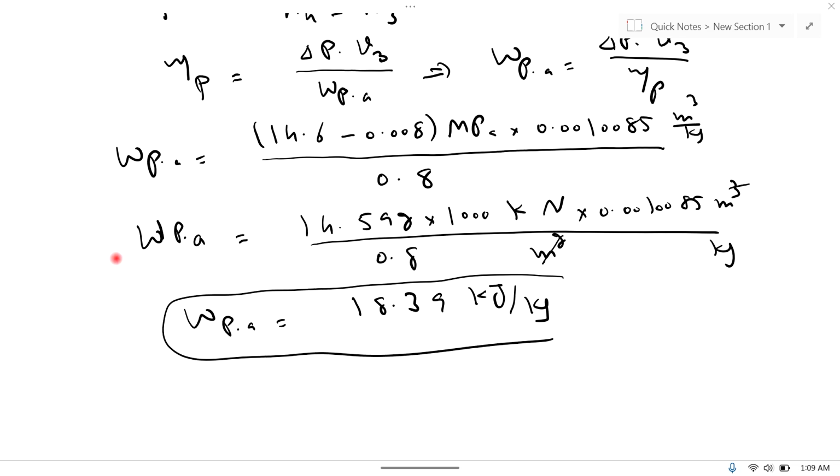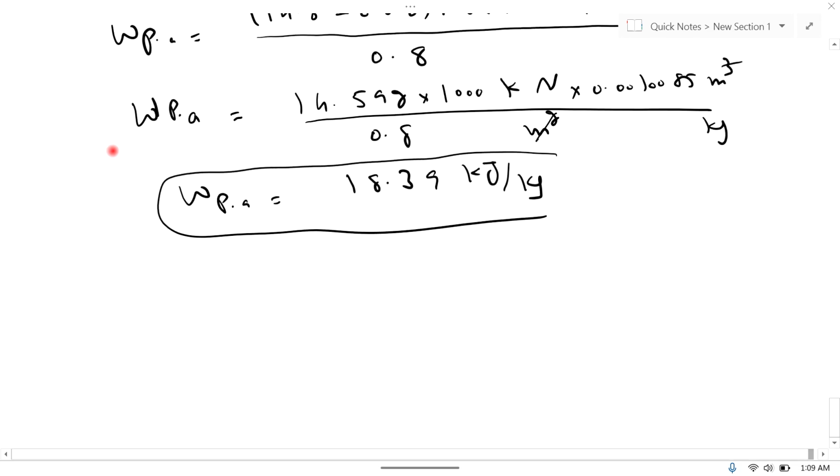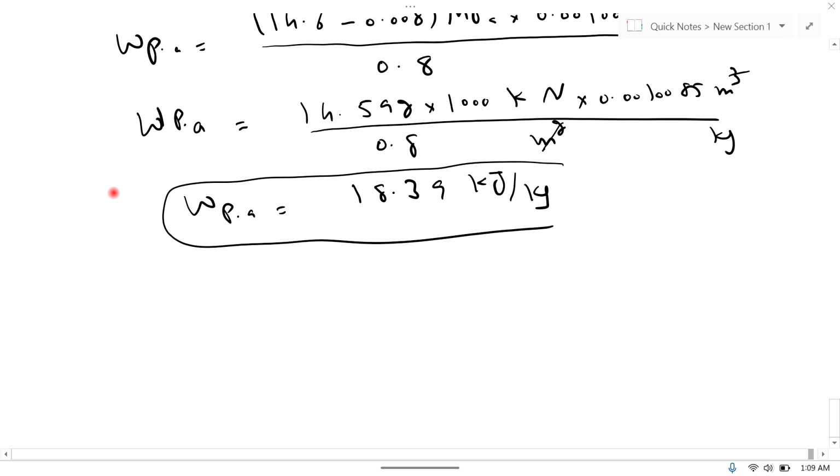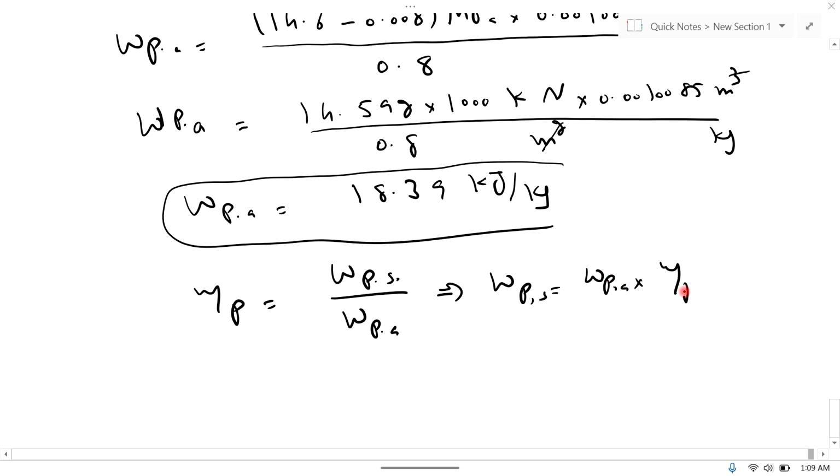Now we can also find the ideal work of the pump. So pump efficiency is equal to WPS over WPA. WPA is the actual work and WPS is the ideal. So WPS is equal to WPA into pump efficiency.